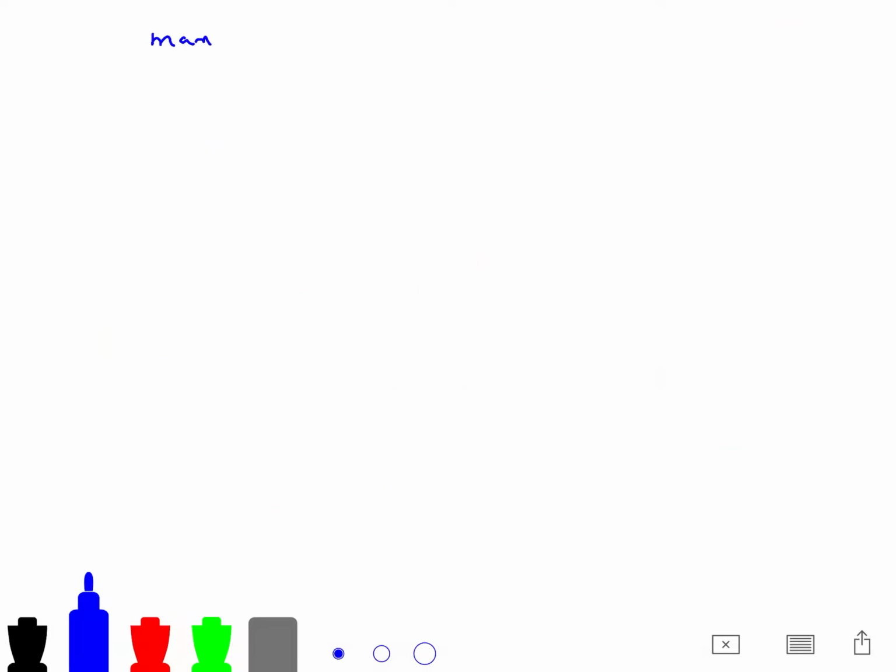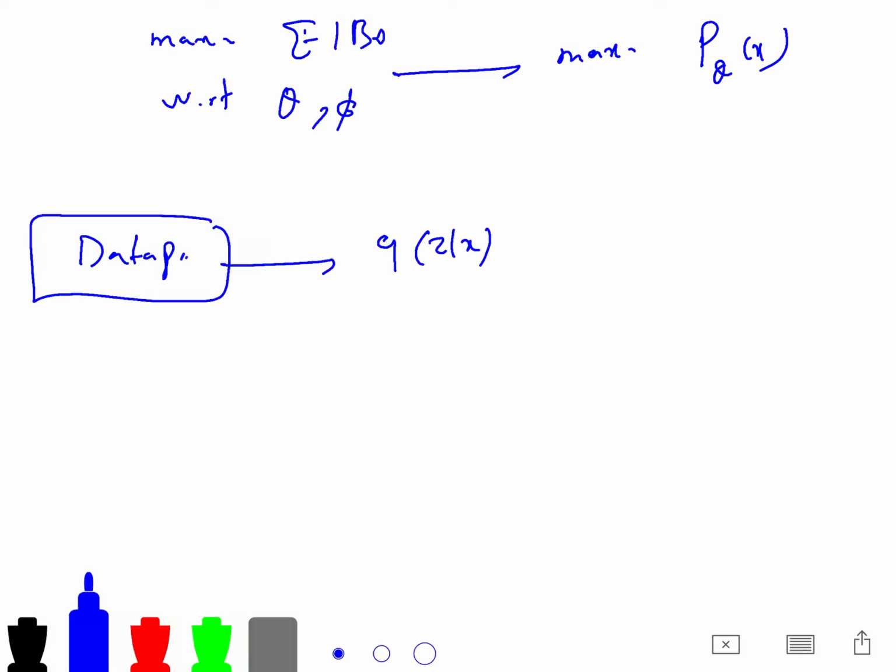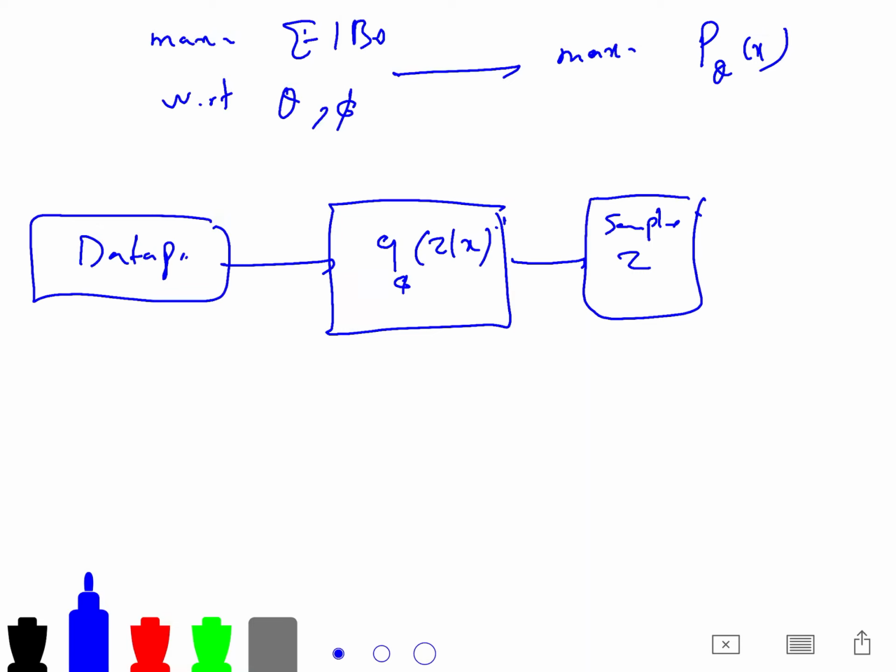And maximizing elbow with respect to, because we have parameter theta for the decoder and phi for the encoder, is just like maximizing p theta of x. So you have a data point, you give it to the inference model q of z given x, which is parameterized by phi, and then you sample it, and then you give it to generative model p of x and z.